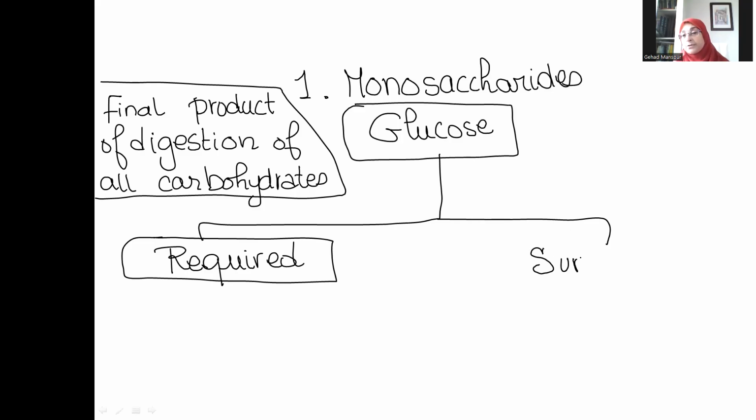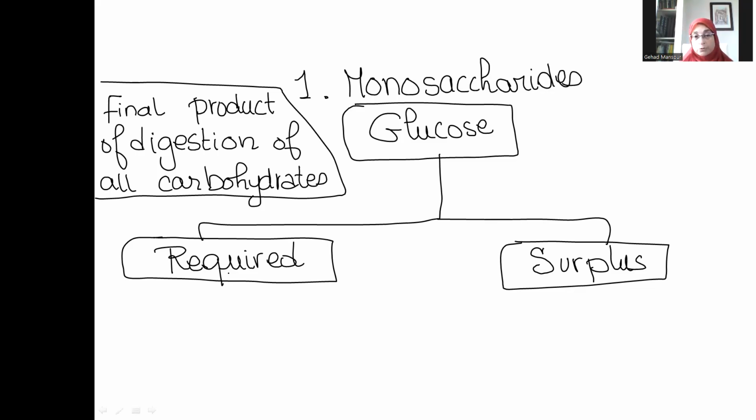But on the other hand, we have the surplus of glucose. When you eat carbohydrates abundantly, excessively, when you eat more than enough rice, more than your body needs, pasta, or candies, or whatever things that contain sugar and carbohydrates, then this is the surplus.